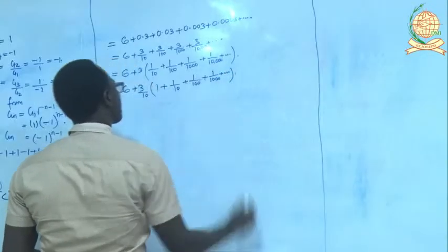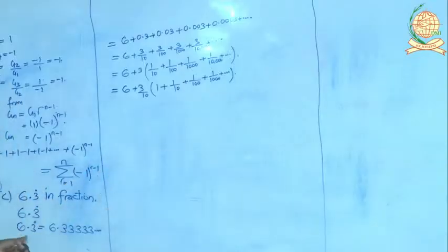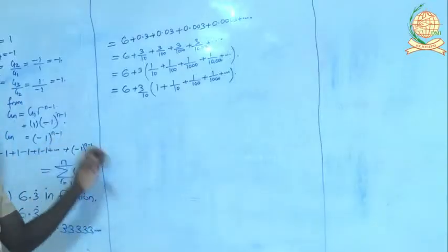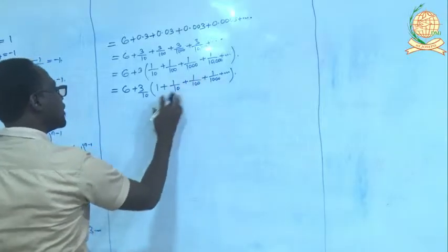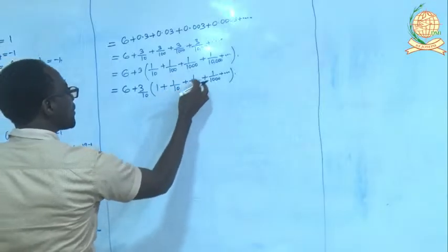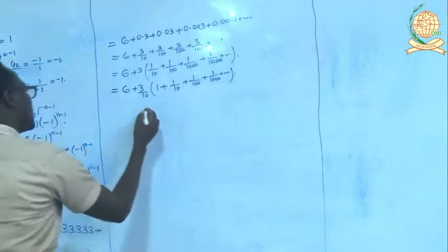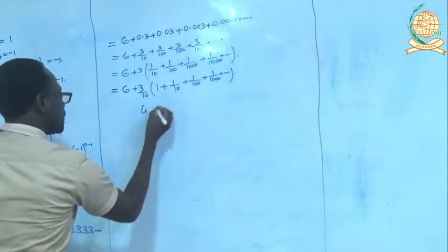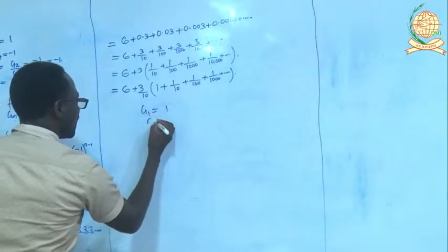Now we need to express 6.3 repeated as a fraction. So find the sum to infinity for this series: 1 plus 1 over 10 plus 1 over 100 plus 1 over 1,000. It is a geometric progression, so G1 is 1 and r is equal to 1 over 10.